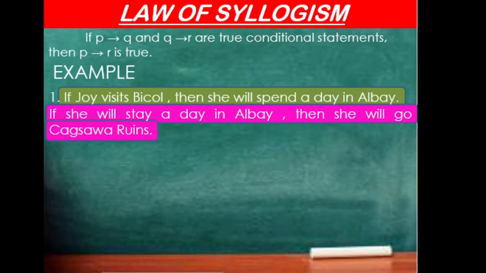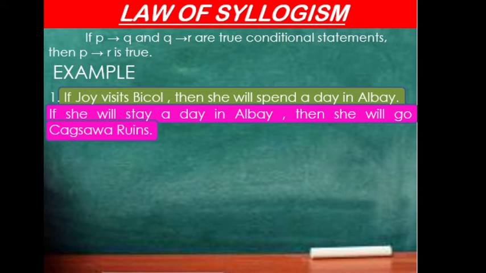So, kanina sa ating law of detachment, meron lamang tayong isang premise at isang conclusion. So, dito naman sa law of syllogism, meron tayong dalawang premises at isang conclusion. So, those are the letters P and Q and R para sa conclusion. Okay. So, doon muna tayo sa P.